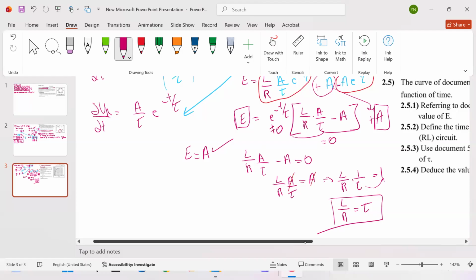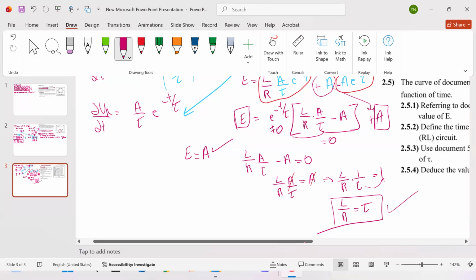And whatever the coefficient of the exponential is, it is always equal to 0. Because I cannot have an exponential on the right and not on the left. It doesn't work. How can I have a variable on the right side and not on the left side? That's impossible. Okay. And as I always say, tau should be L over R always.